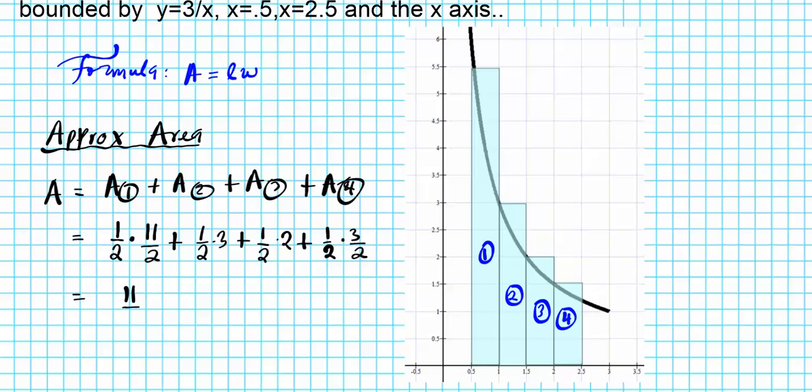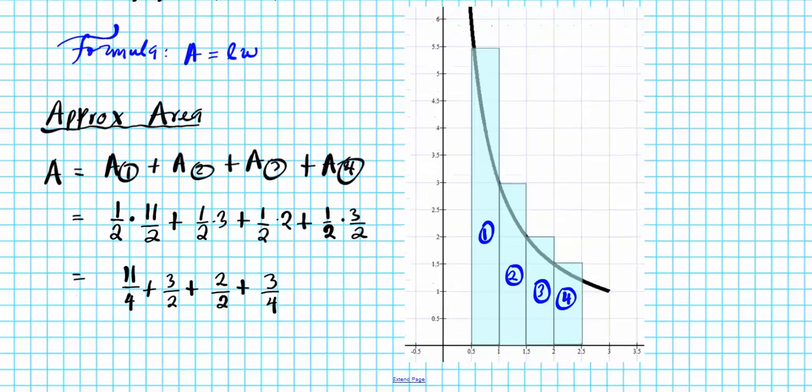So I have 11/4 plus 3/2 plus, let me write it as a fraction, 2/2 plus, this is 3/4. And then you want all the denominators to be the LCD of 2 and 4, which is 4. So I'll simply double the fractions with 2 in the denominator.